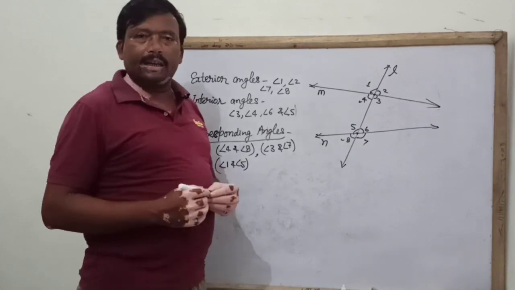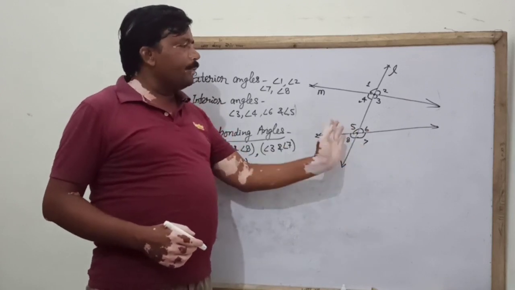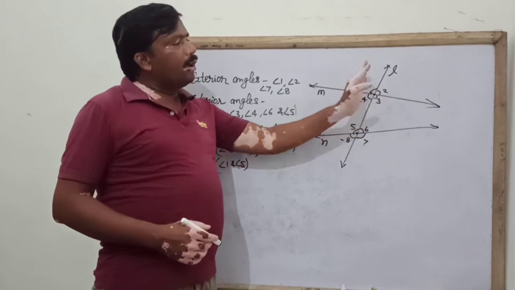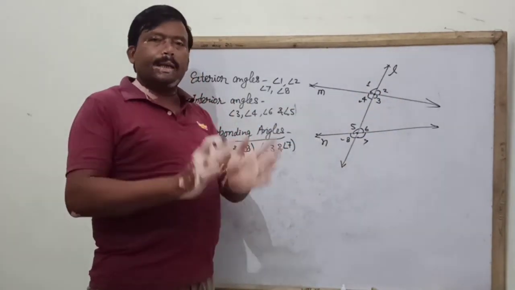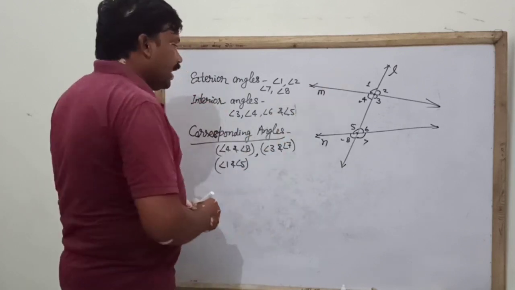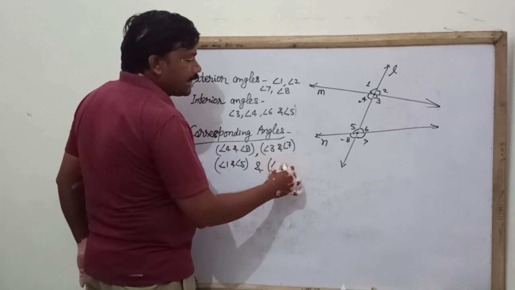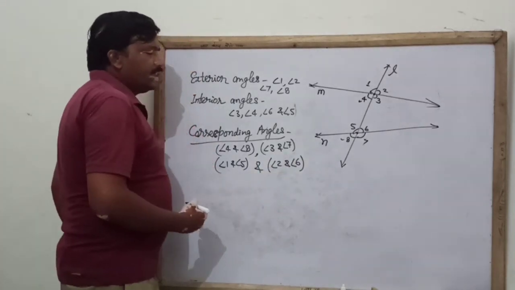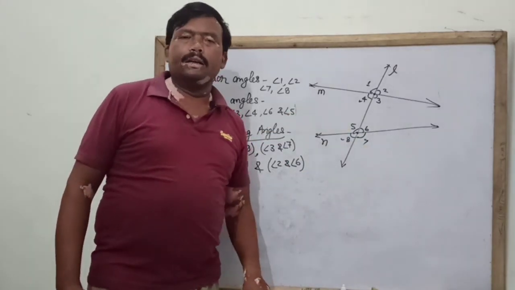Can you tell me another pair? The next pair: 6 is formed on the right side after intersection, and 2 is formed on the right side after intersection. Both are based on the same event. So angle 2 and angle 6 are also corresponding angles. So there are 4 pairs of corresponding angles.